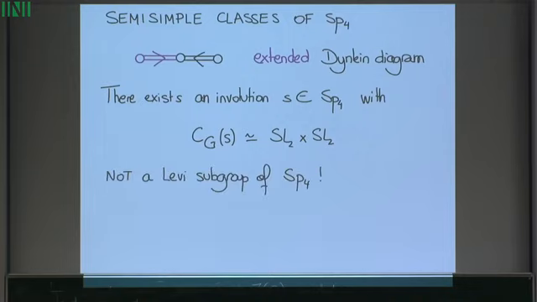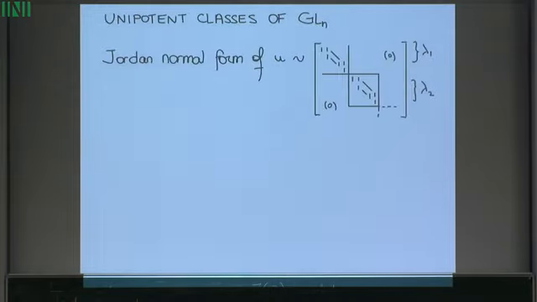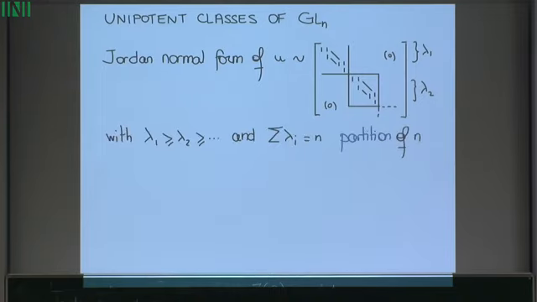Okay, so it's important to see that, in general, centralizers of semi-simple elements can have a bad behavior. But we know how to compute them. What about the unipotent classes? For GL_N, starting with a unipotent element u, you can consider the Jordan normal form. So you have these various Jordan blocks of size λ_1, λ_2, and so on. Up to conjugation, you can order them in a non-increasing sequence.